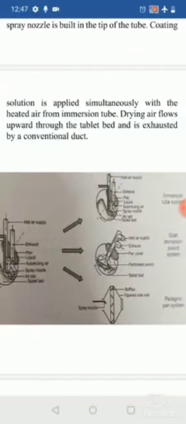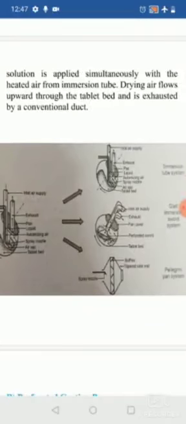When coming to the immersion sword system, here you can see the sword, which is inserted in the coating pan. Again, it is going to provide more efficiency in coating as well as in spraying the hot air and the coating solution. Here, when coming to the Pellegrini pan system, it contains the baffle.